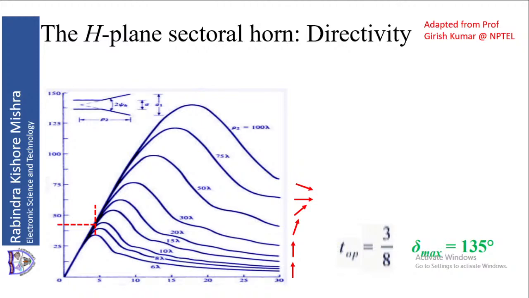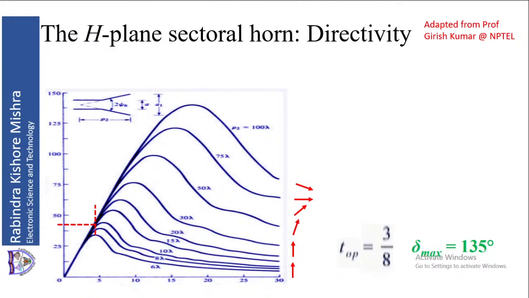When T optimized is equal to 3/8, we get that maximum directivity. T optimized equal to 3/8 corresponds to a maximum phase error of 135 degrees. So that is when you get this maximum directivity.